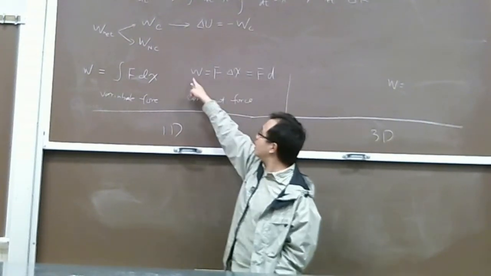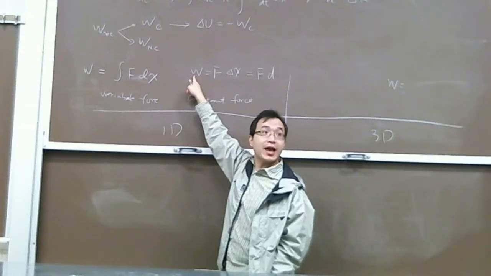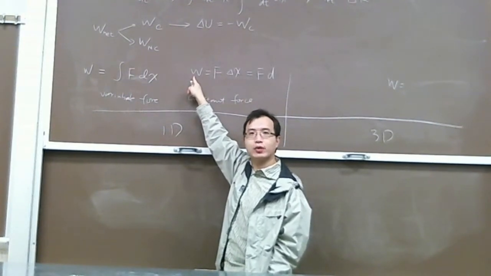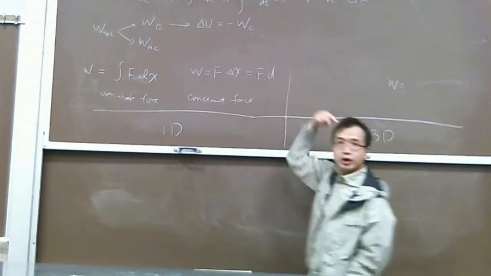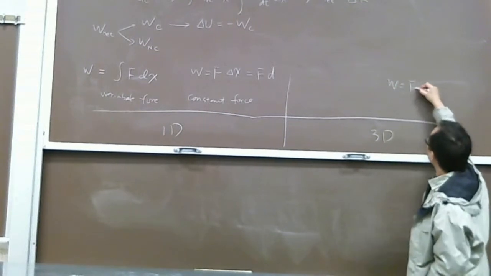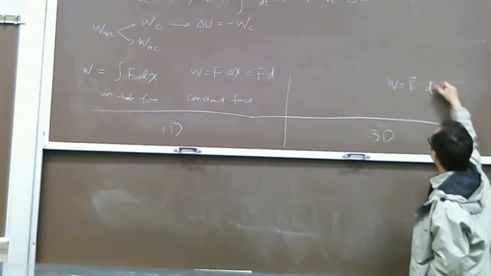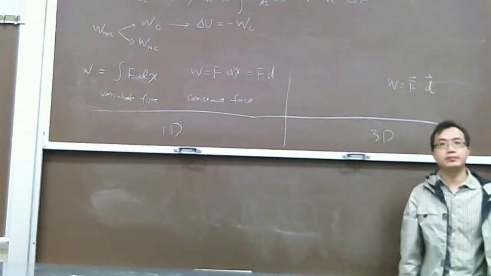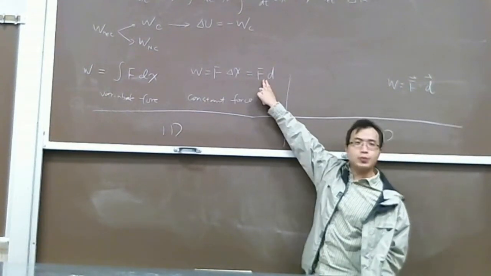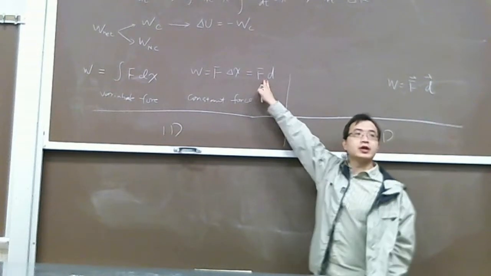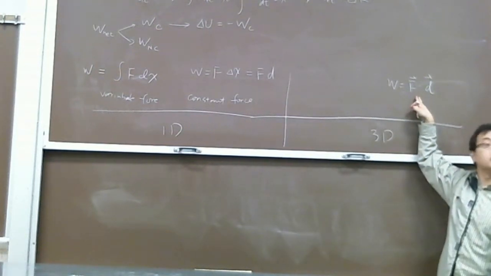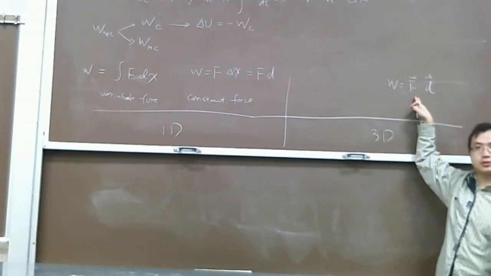And we want to form a scalar, right? Work has to be a scalar. It's related to energy, so it has to be a scalar product. So work in vector form can be written in this form. The algebraic multiplication is actually a special case of this inner product or dot product.